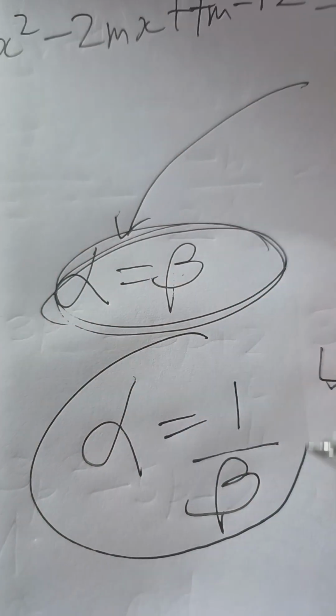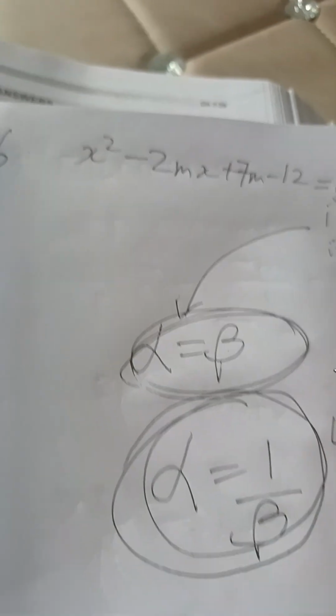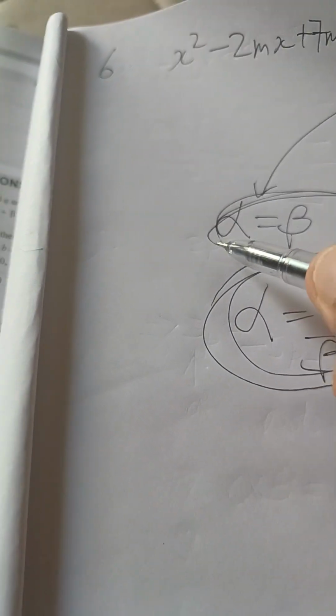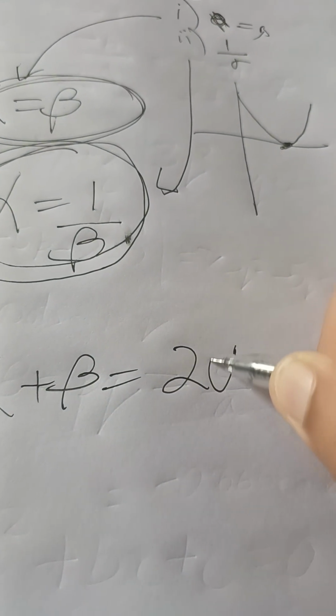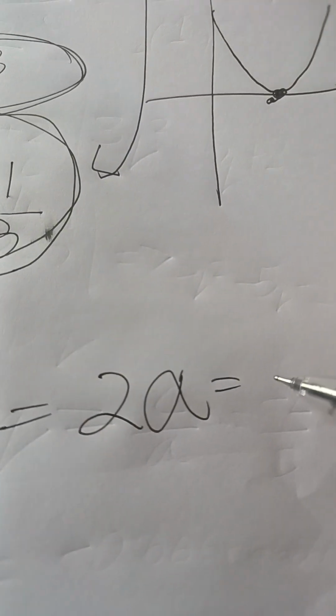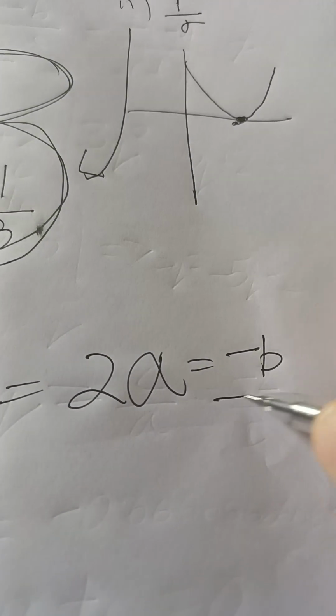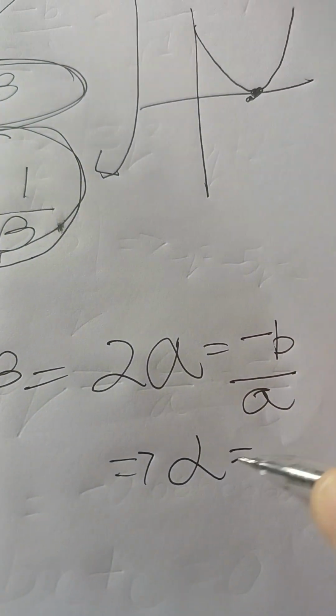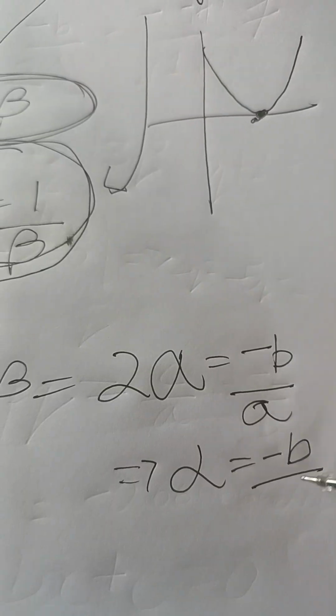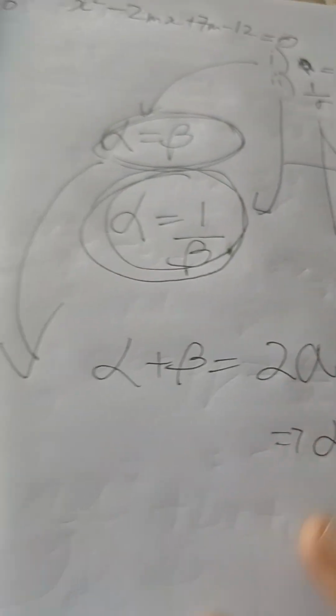Okay, very good. So if alpha is equal to beta, then alpha plus beta is just 2 alpha, which is just minus b by a. So alpha is just minus b by 2a.